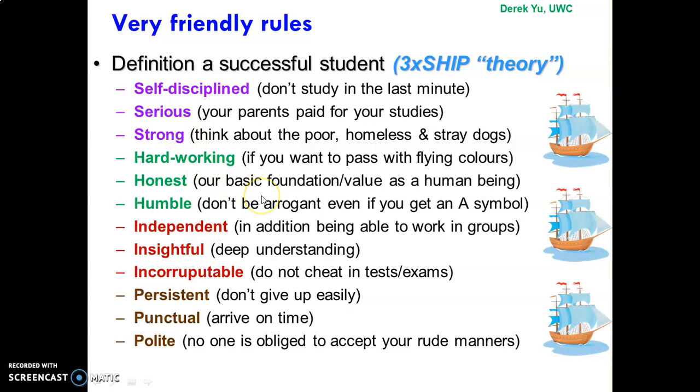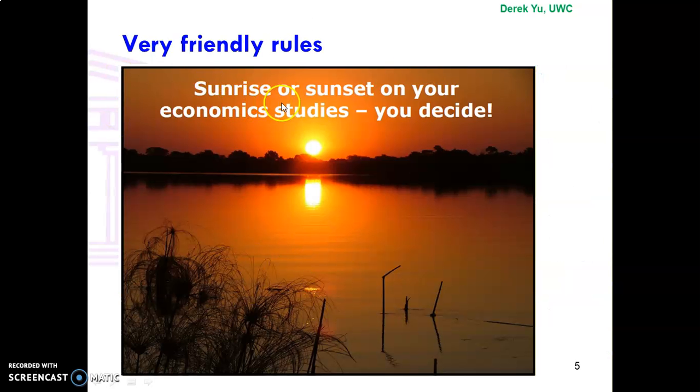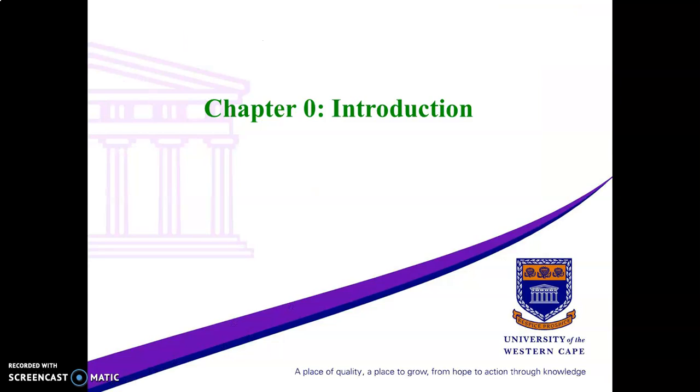Aren't these very important traits we should all develop to be a good human being and then survive well and win respect at work and in our personal life? So sunrise or sunset on your economic studies, you decide. Remember, you are an adult now, at least 18 years old. You have to make your own decision about your life as a student or as a human being.